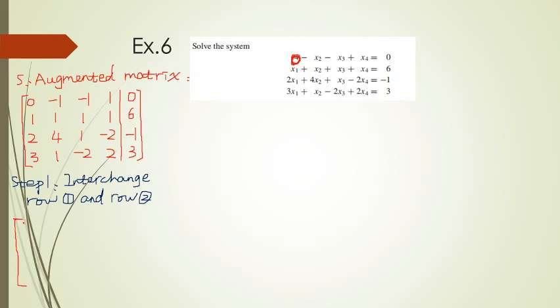So that is 1, 1, 1, 1, 6. Second row becomes 0, minus 1, minus 1, 1, 0.